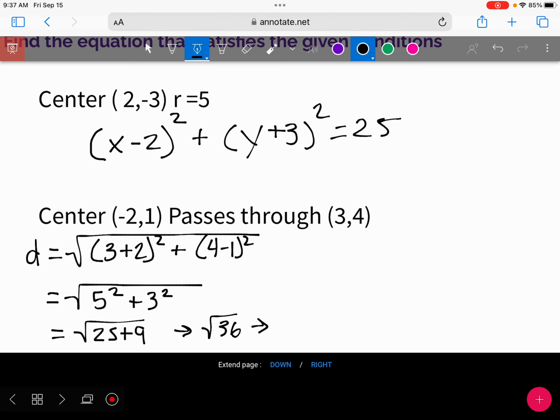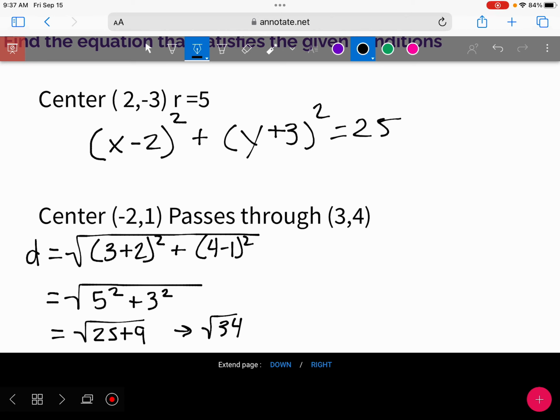What's our radius? Oh, did I do it wrong? 25 plus 9 is 34. Sorry, I'm doing math wrong in my head. Our radius is the square root of 34.